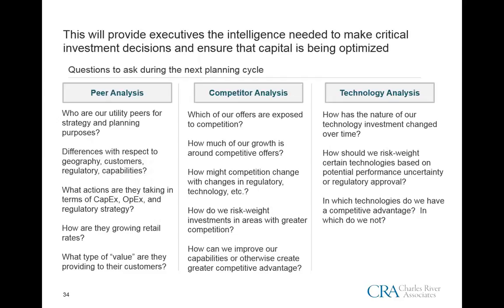So for a utility like Consumers or Minnesota Power, where they have fairly substantial investment in new wind or solar, the overall rate impact can be affected depending on whether cost declines continue for solar, or perhaps peter out.